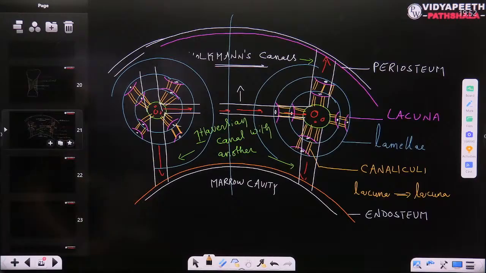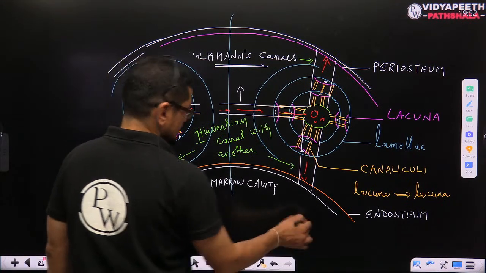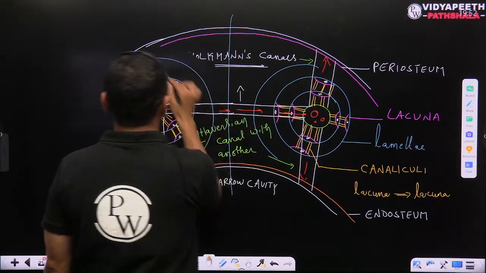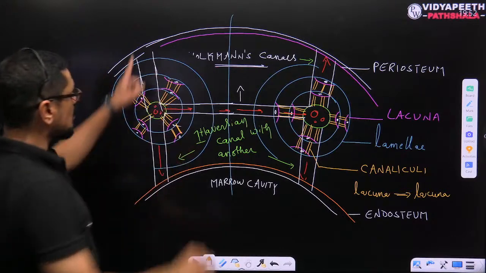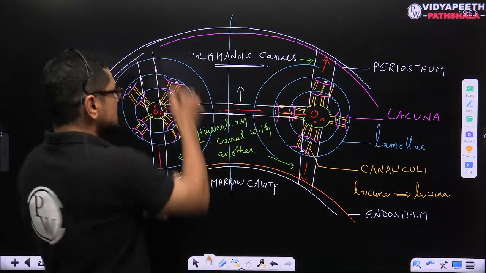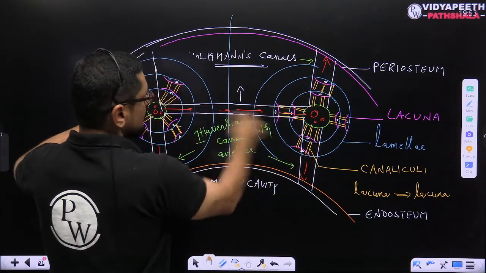See this diagram now. Volkmann's canals are connecting the Haversian canal with the periosteum and endosteum. See, it appears something like the letter H. Am I right?